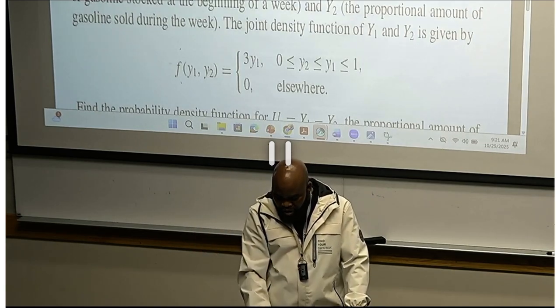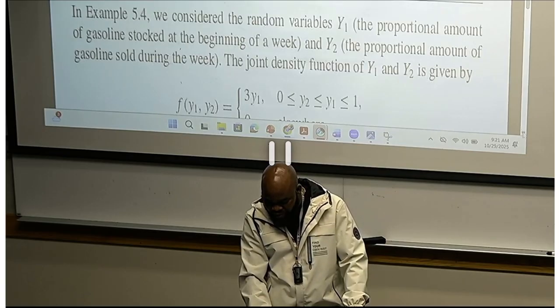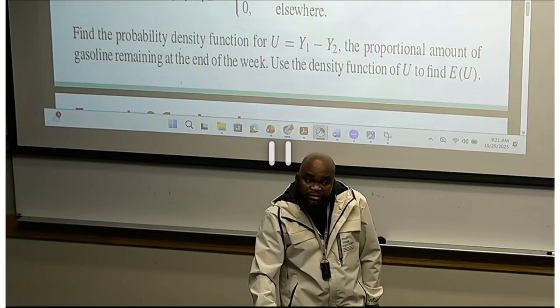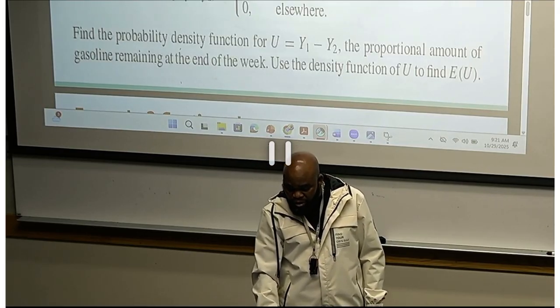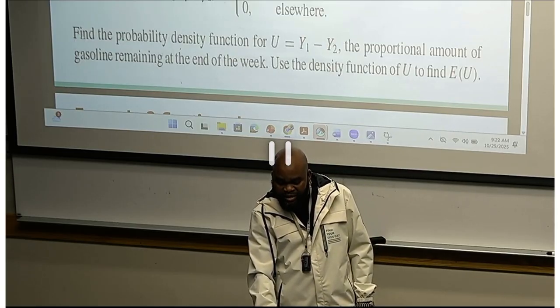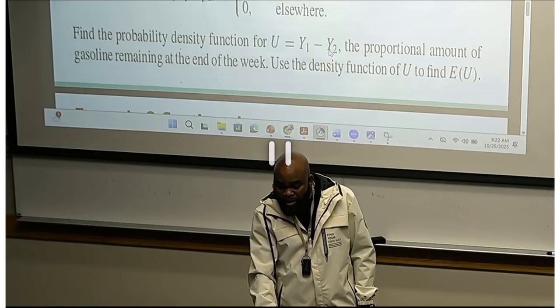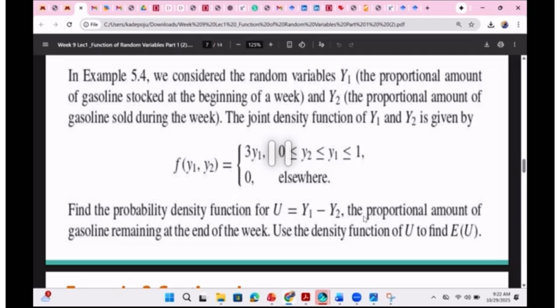Now, the joint density function of y1, y2 is given as this. I have 2 variables now, y1, y2. The new variable we are interested in is u, where u is y1 minus y2, the proportional amount of gasoline remaining at the end of the week.